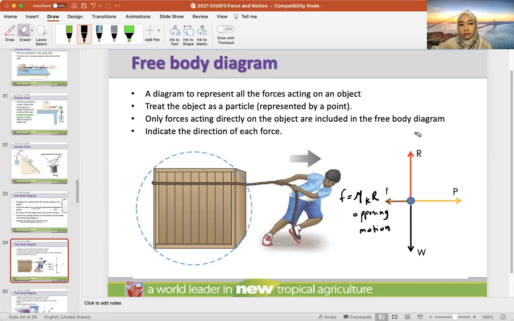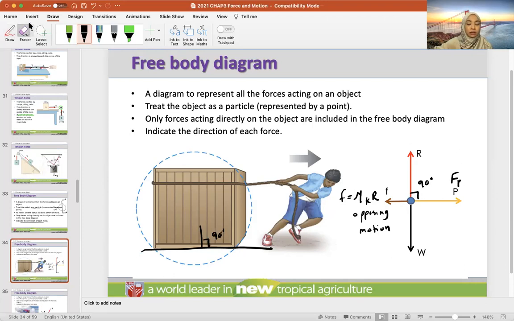And then R is always 90 degrees with respect to the surface. Kena bersentuh and kena 90 degrees. Wajib. And then pulling force, this person only labels it as P. I would prefer to label it as FP. We know that it's a force. Kalau P ni apa?